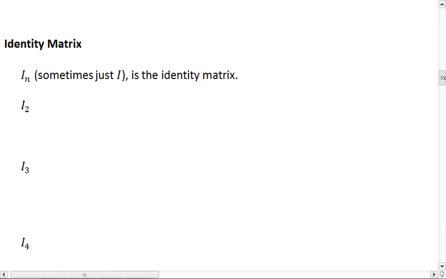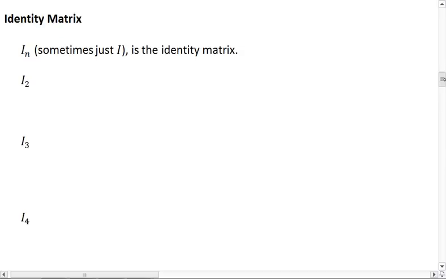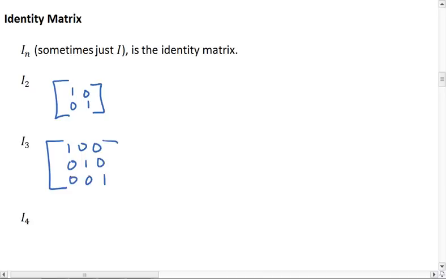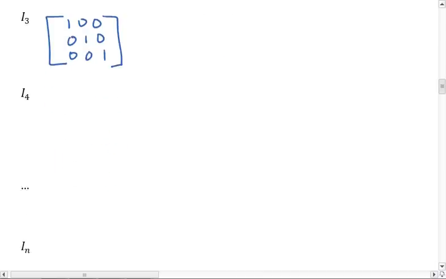For some quick reference, your identity matrix is going to be a square matrix. It's always written I sub some number depending on what its dimensions are. So for example, I sub 2 is a 2 by 2 matrix that has a diagonal of 1s and 0s everywhere else. We can sometimes write the identity matrix as just I if it's very clear what the dimensions are. So then I3 is going to be a 3 by 3 matrix with a diagonal of 1s and 0s everywhere else.